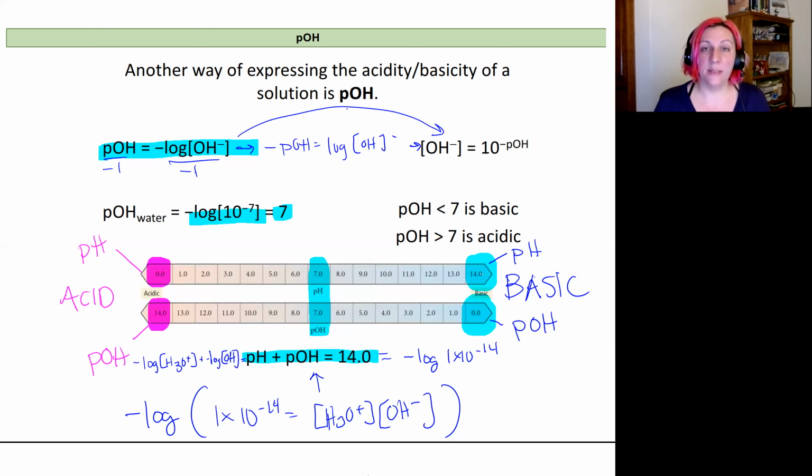And then I'm going to take both sides of my equation and do them to the base 10 to the exponent. So it's like 10 to the negative pOH and 10 to the log of the hydroxide ion. In this case, that 10 to the n log cancel each other out. And so then I get hydroxide ion is equal to 10 to the negative pOH. So I'd like you to be comfortable going back and forth between those two.